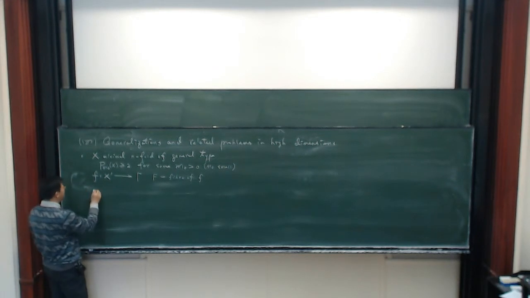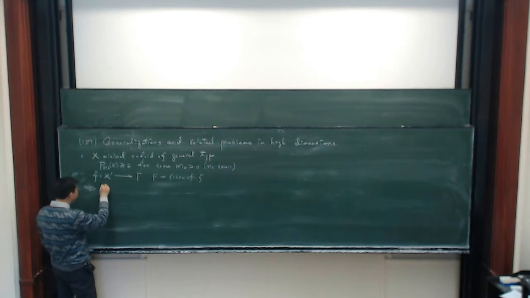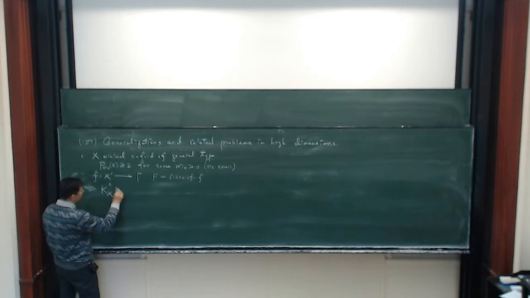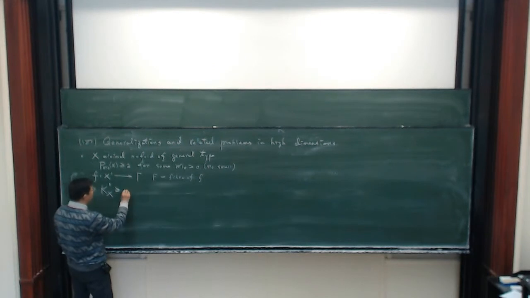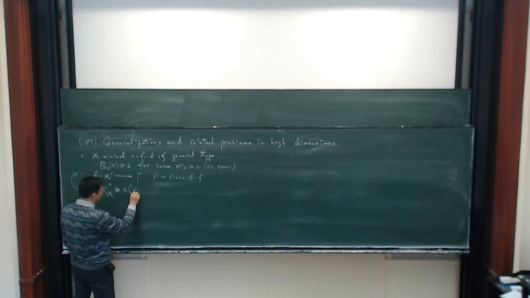That means we can get such an inequality: K_X^n is greater than or equal to some function a in terms of the canonical volume of the fiber.